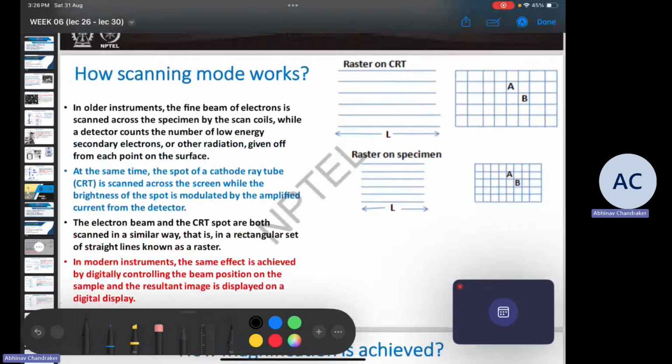I was talking about the rastering that happens in SEM for scanning over the whole of the specimen or your selected specimen area. And there is a one-to-one correspondence between the rastering that happens on the specimen using the fine electron probe and the image that is generated on the screen. As the scanning is taking place, immediately there is an image being generated on the screen, and that is also being generated in a raster fashion.